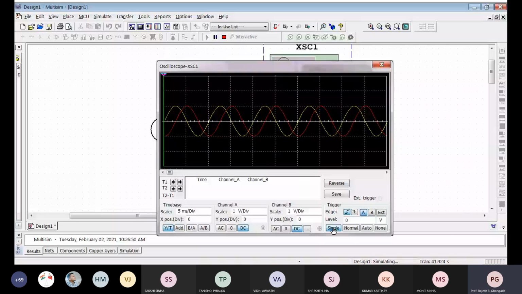Tell me. Have you heard of Lissajous patterns? Guys, have you heard of Lissajous pattern? Yes, sir.